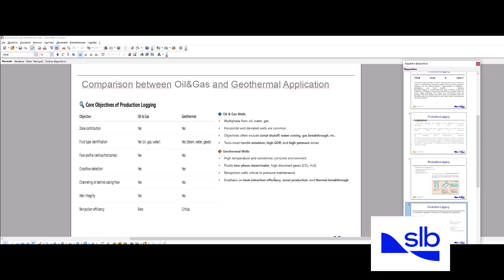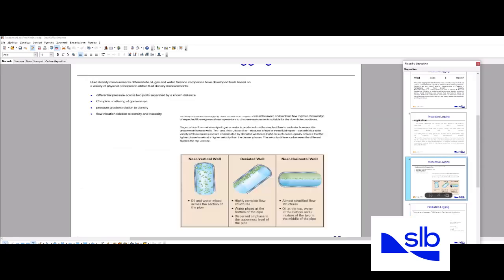Generally we have this distinction between oil and gas wells and geothermal wells, because in oil and gas wells we have multiple phases at the same time, oil, water and gas, and we can have horizontal and deviated wells, so we can have these hydrodynamic problems.